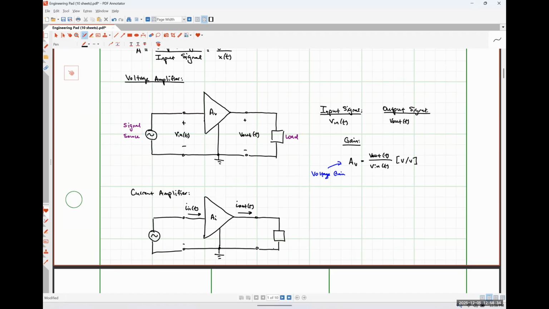Okay. So in this particular case, our input signal is a current. Our output signal is also a current.